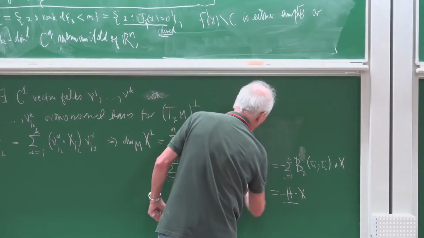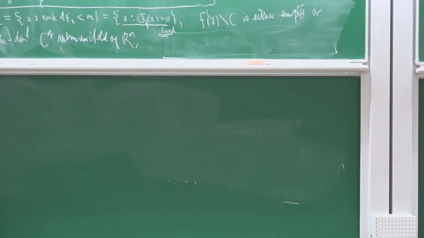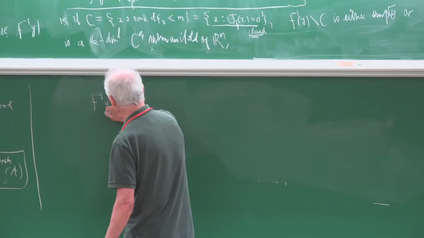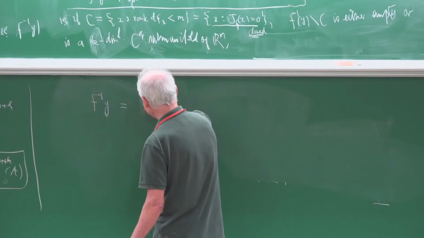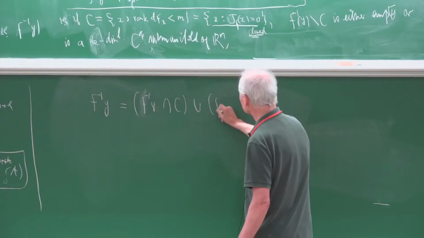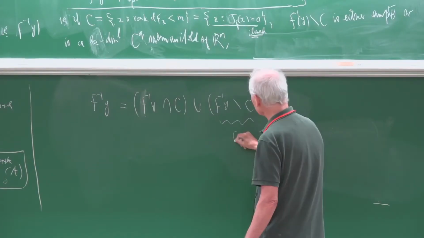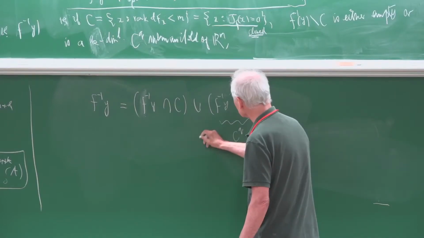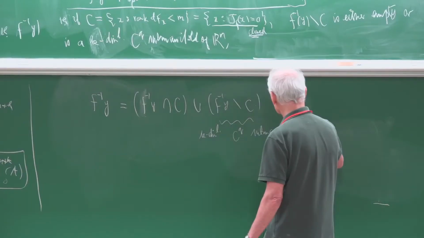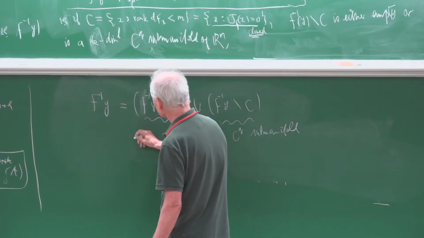So you see that's extremely nice because it says that actually you can decompose the whole. This is really a very important fact that unfortunately is neglected. The preimage can be written, of course, as f^-1(y). For every y, you can always write the preimage as the part intersecting C union with the part in the complement of C. This bit is a C^q submanifold, k-dimensional, and this bit is a closed set of H^k measure 0.